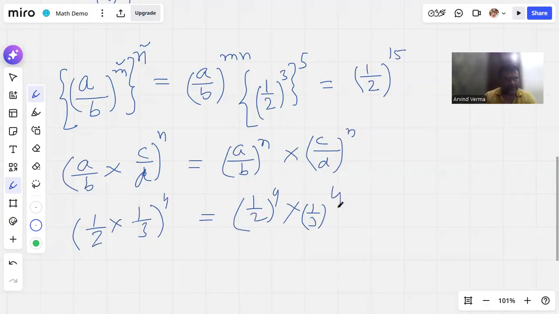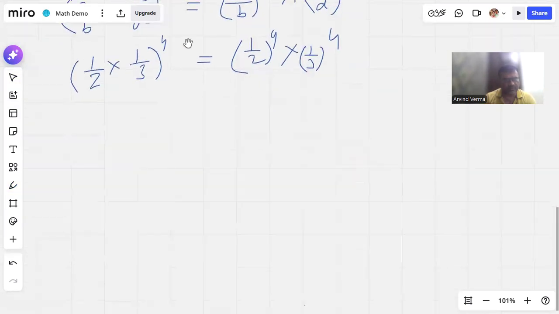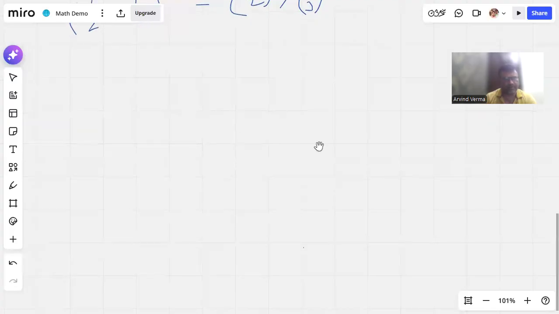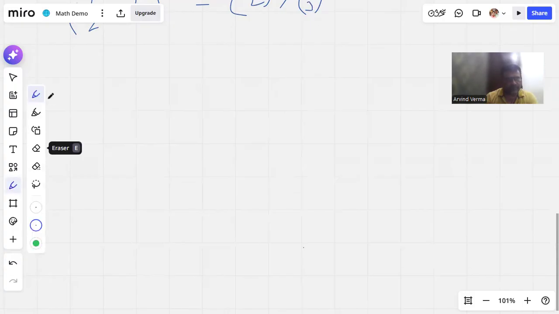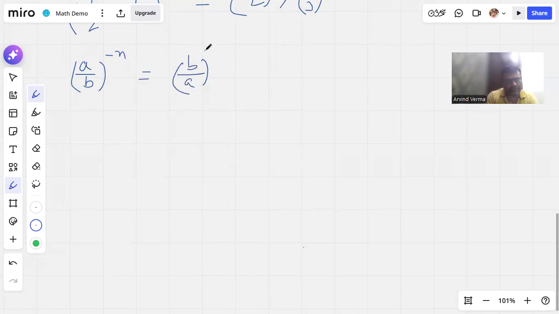Now a very important concept is coming. a upon b raised to the power minus n is equal to b upon a raised to the power n.